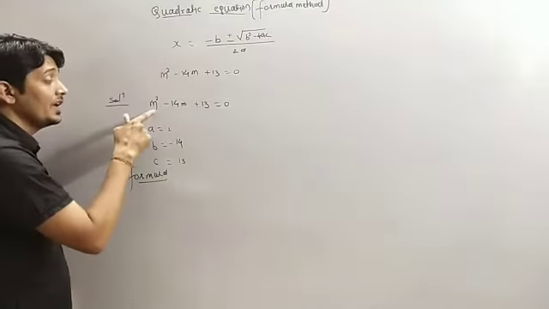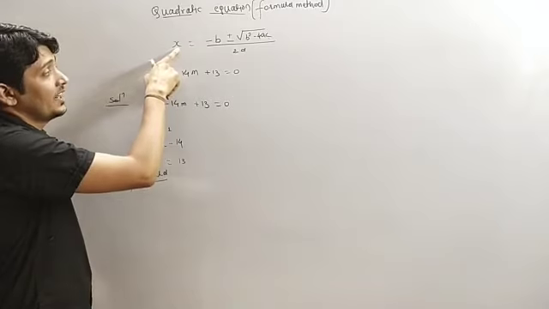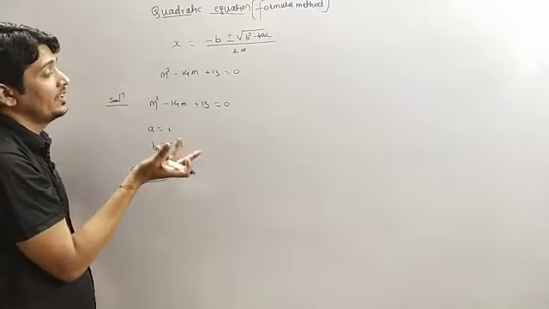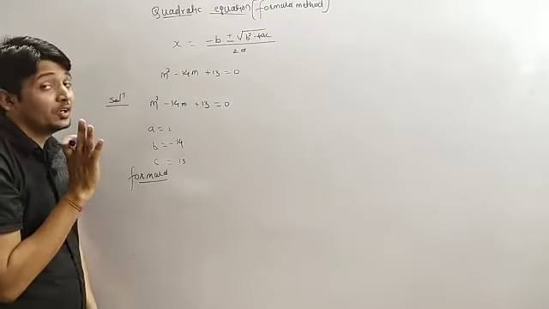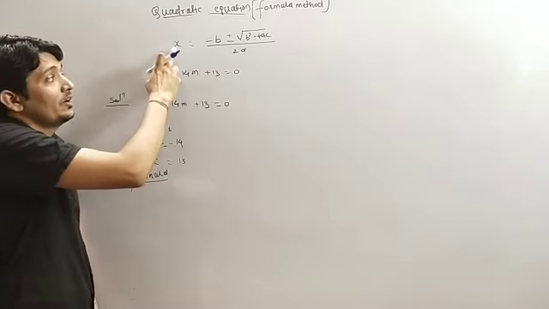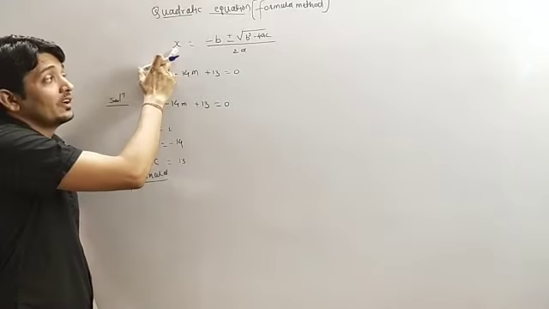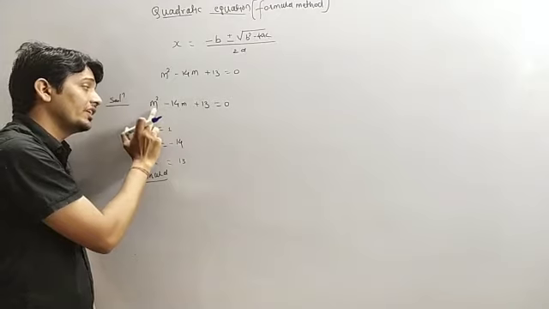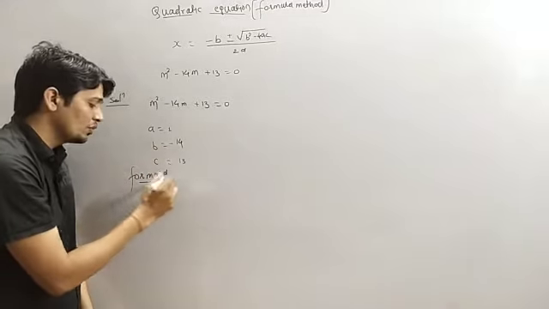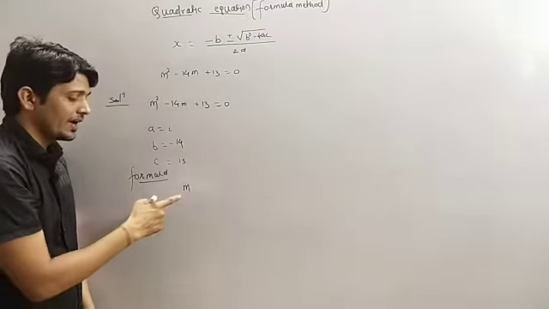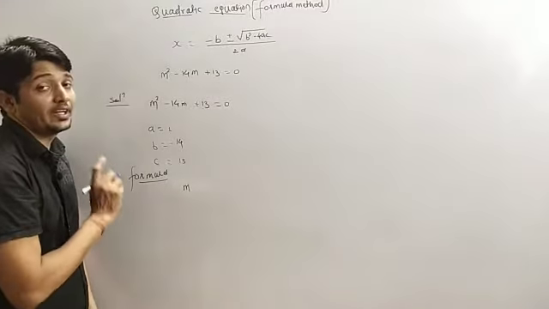So we have to use the formula now. Here we have x in our standard form of the quadratic equation, but in this quadratic equation we have m. So we have to write m equals, where m is the root of the quadratic equation.